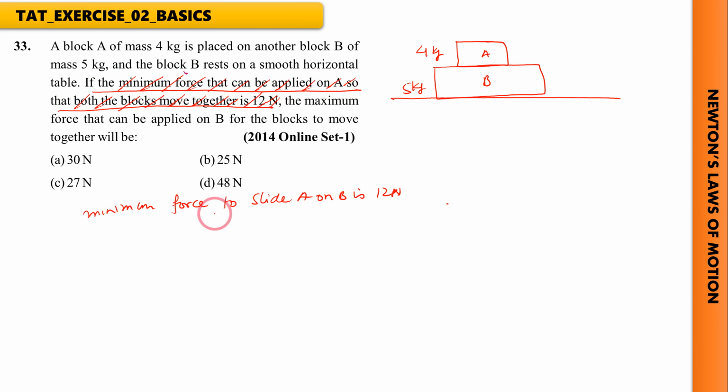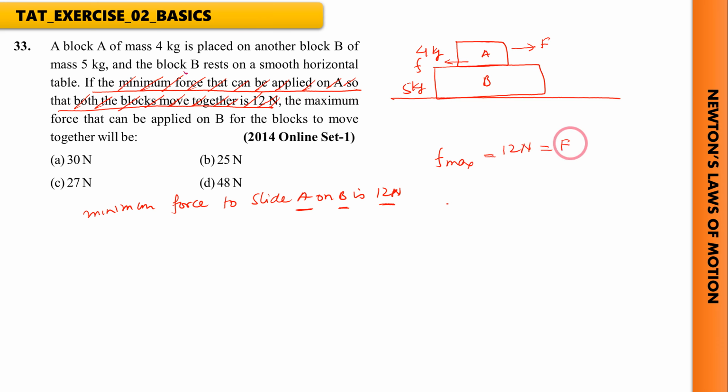The minimum force required to slide block A over B is given by 12 Newton. Now, when you apply some force on A in order to slide, A will only slide when it will overcome the friction force acting on A, right? It means the maximum friction on block A by B is given by 12 Newton, right?